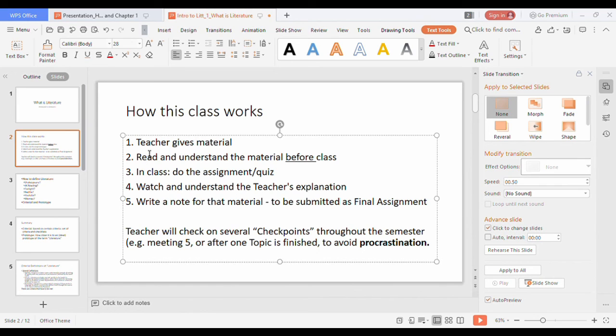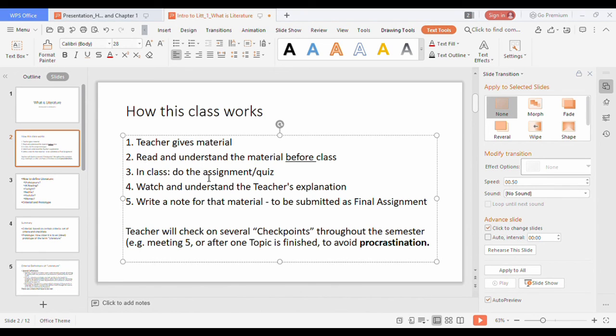So if you find another source about this topic, from the internet or from a book, for example, and you put it in your summary, I can give you an A for that kind of summary. So keep that in mind. But basically the requirement is that you write every topic that I explain on these slides.